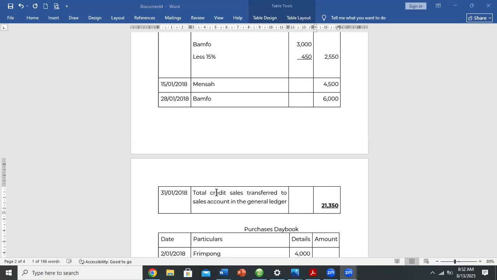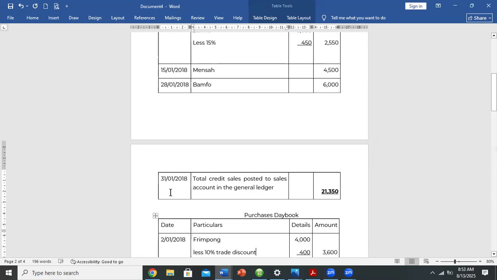You can use transferred or posted. I think posted is a bit shorter. Posted to sales account in the general ledger. The date you use for that will be the closing date of the period. The period was January 2018, so the closing date is 31st.